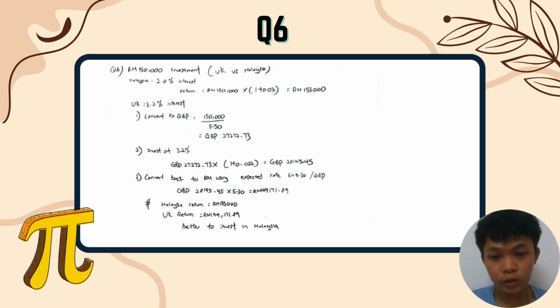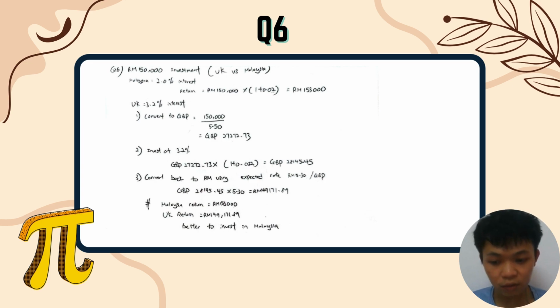So we move on to question number 6. We have an RM 150,000 investment in the UK or in Malaysia. In Malaysia, we use 150,000 multiplied by 1.02, so we will get RM 153,000. If you invest in the UK, we need to convert to GBP.